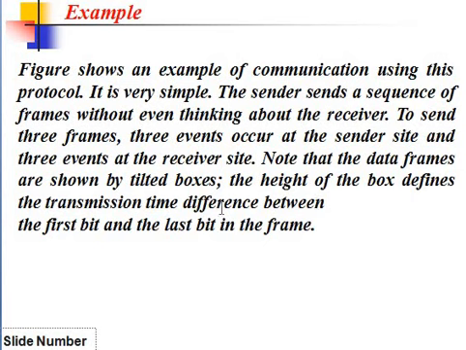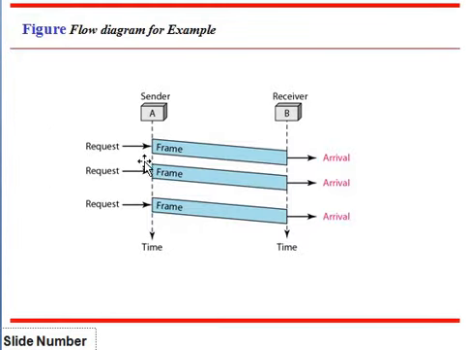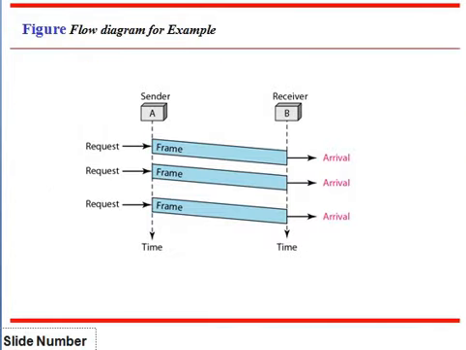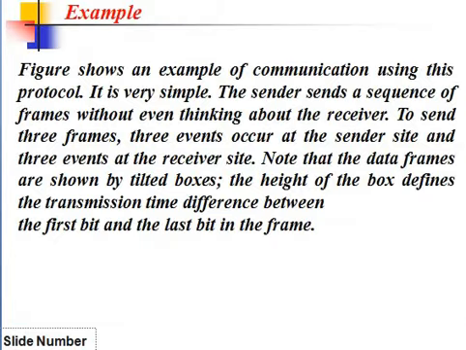The height of the box defines the transmission time, the difference between the first bit and the last bit in the frame. In this example, the sender will send the frames, and the receiver will be receiving the data. There is no need to wait for the acknowledgement. Here we are directly sending the packets without thinking about the receiver.